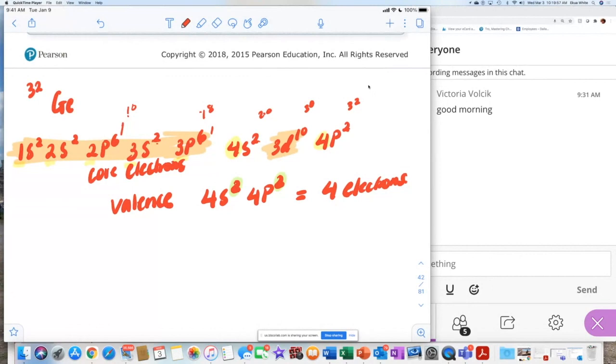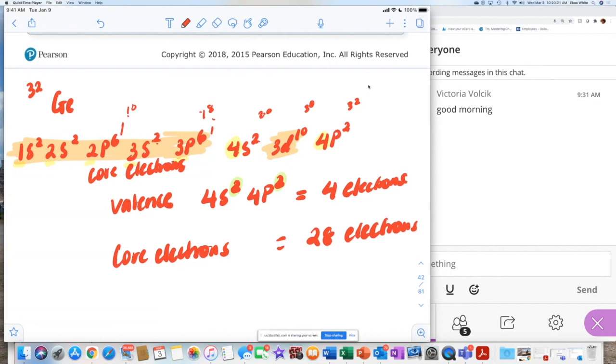So the ones I highlighted, what do we have there? We're going to have all the way to here, 18 plus 10, 28. So core electrons, we actually have 28 electrons. All the remaining, right? 28. Hopefully you see that.